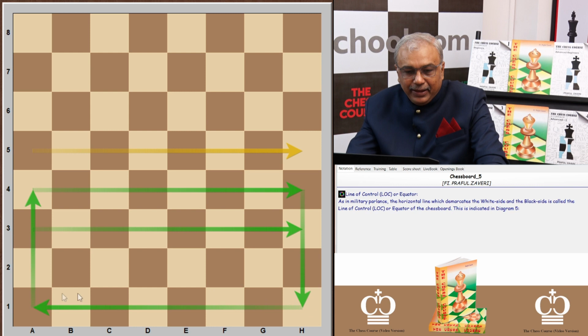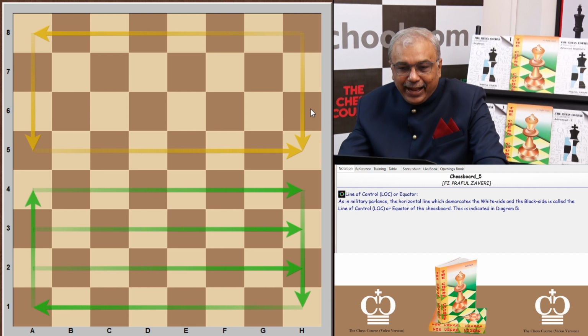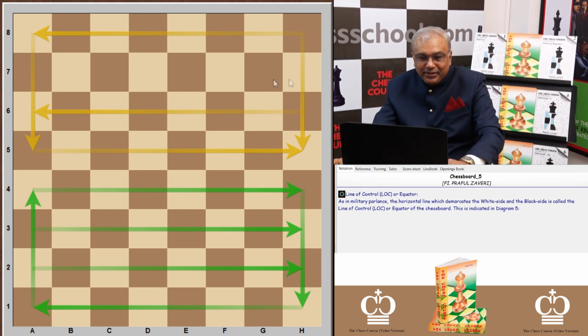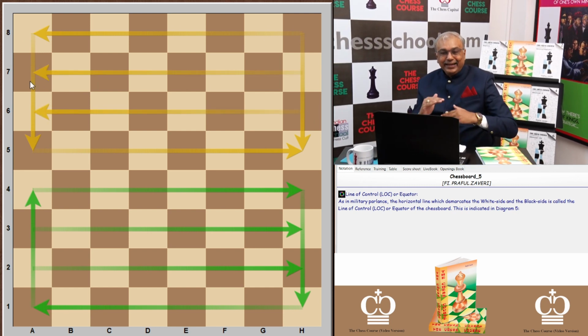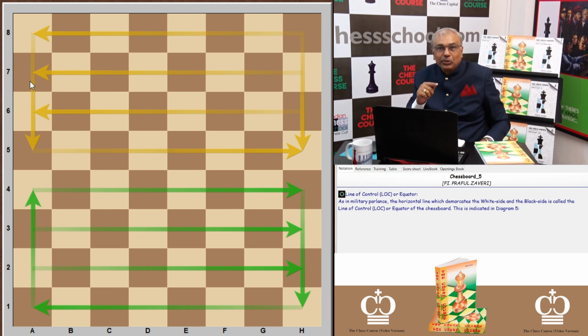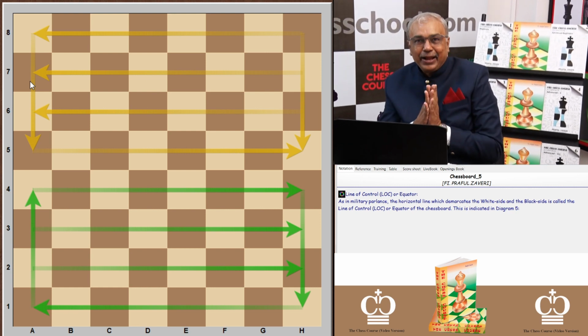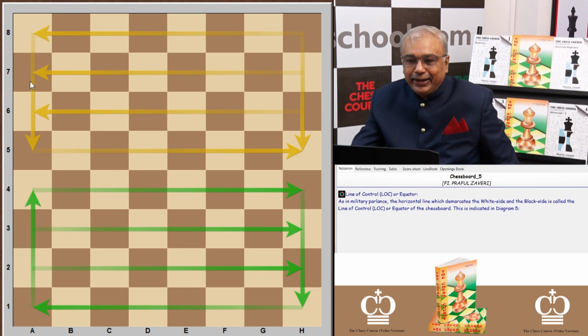And then the next 4 rows belong to the black side. The line which demarcates the white side and black side, exactly between the 4th and the 5th row, is known as the line of control or equator.